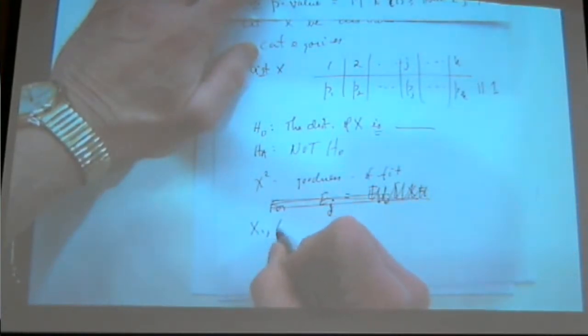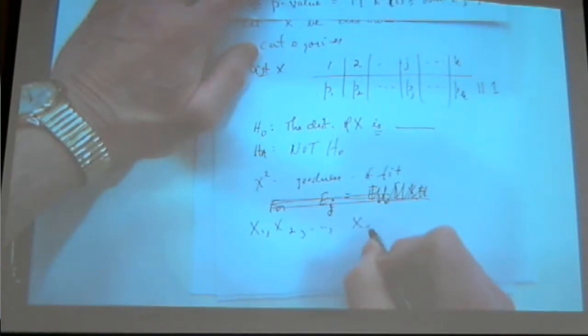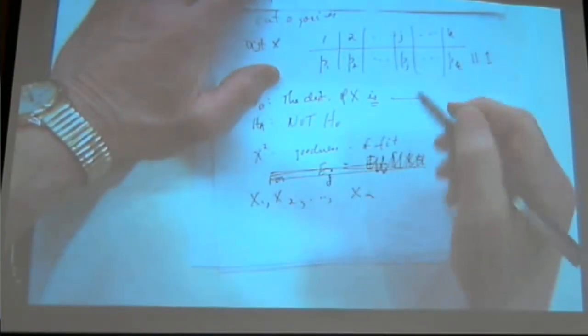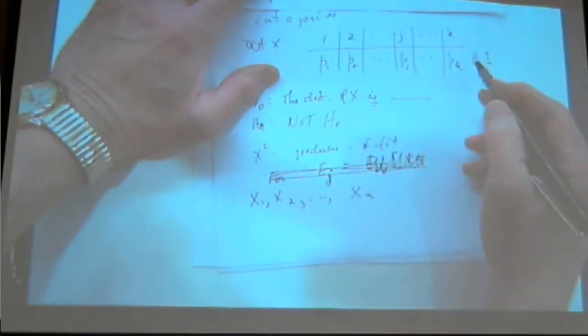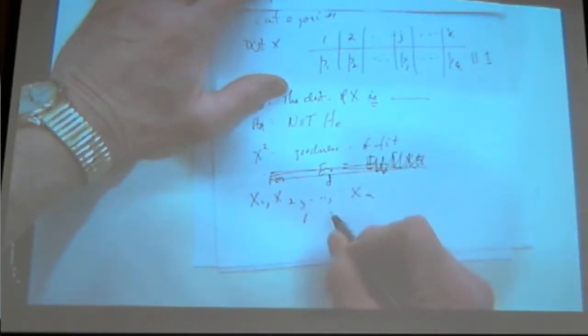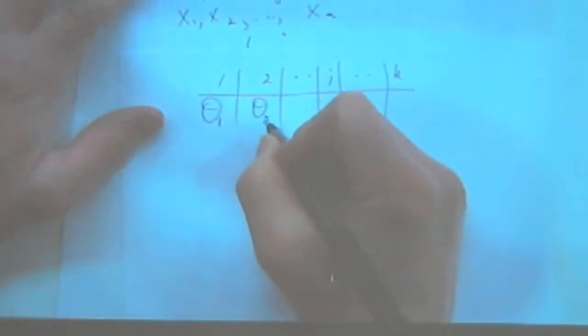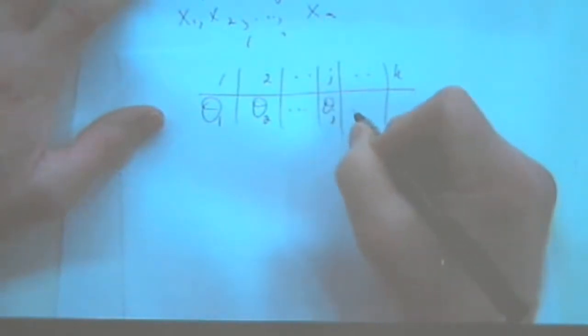We observe a sample of size n, but each is one of those K categories, so we just make a table, right? These are the observed frequencies we talked about last time. They have to add up to n.